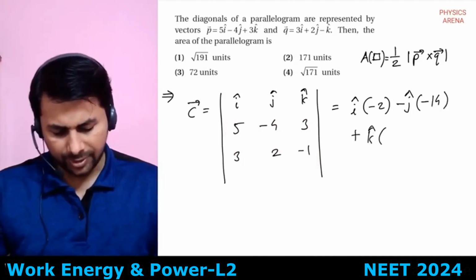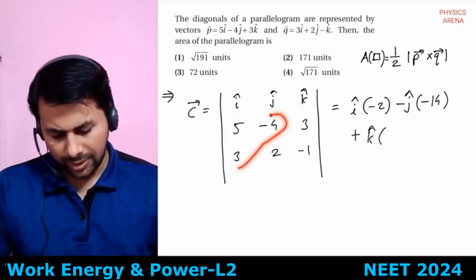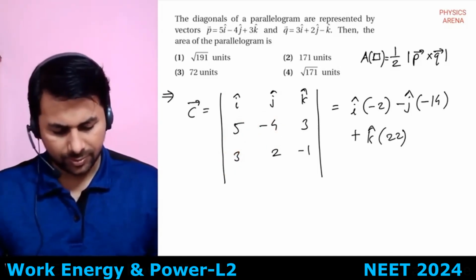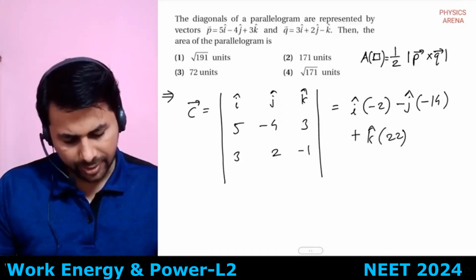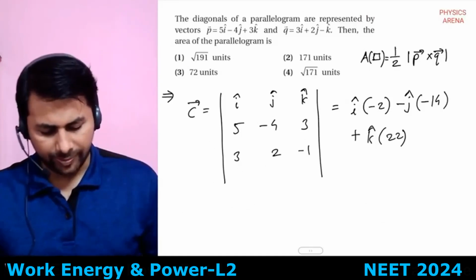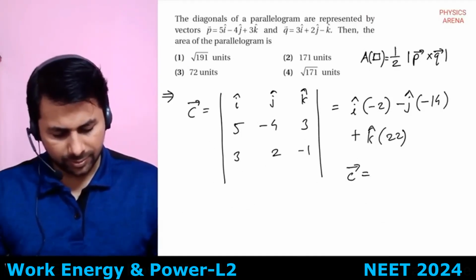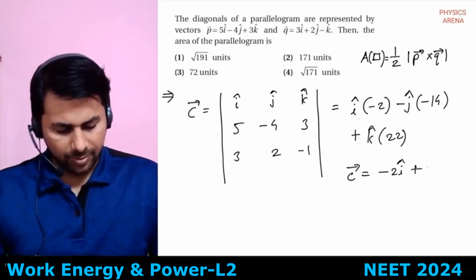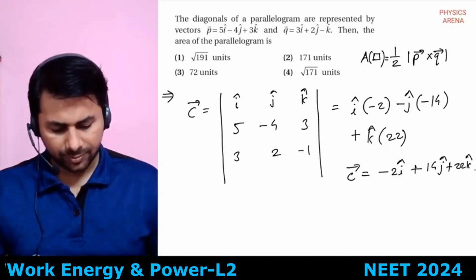Plus k cap times you have 10, 10 plus 12, 22. The last one was the same, I guess, apart from the sign. C bar is equal to minus 2 I cap plus 14 j cap plus 22 k cap.